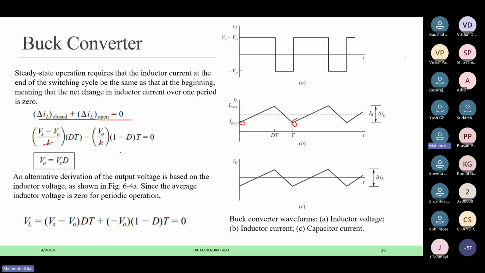Here I will just try to simplify: Vs into dT, then minus Vo into dT, then minus Vo T, then plus Vo dT, which is equal to 0.